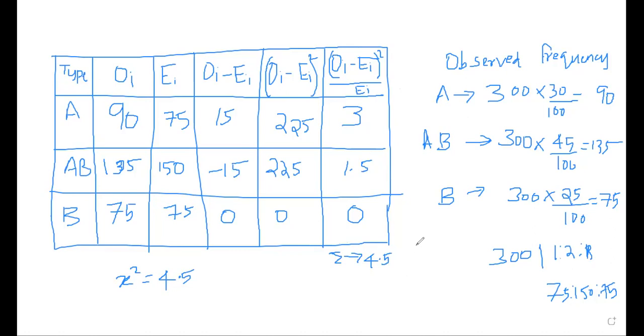Then what is the table value? Find the table value: degrees of freedom is equal to n minus 1, that is 3 minus 1, which is equal to 2, and the level of significance is 5%.